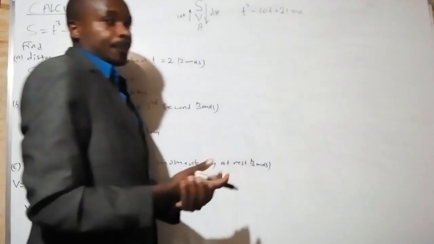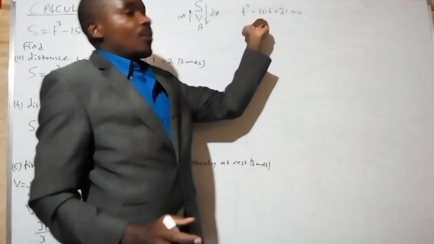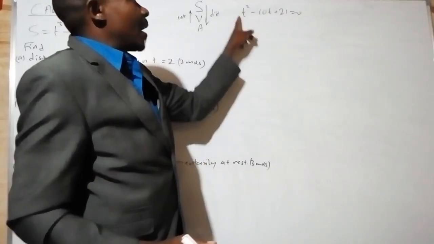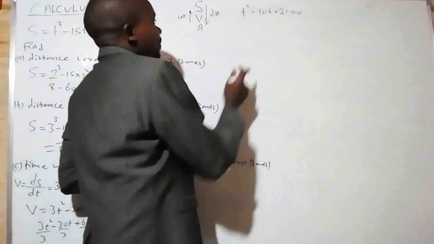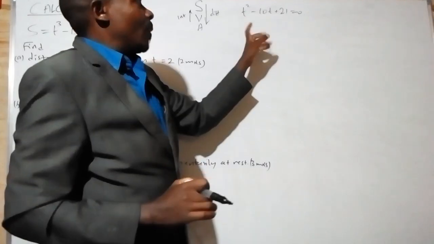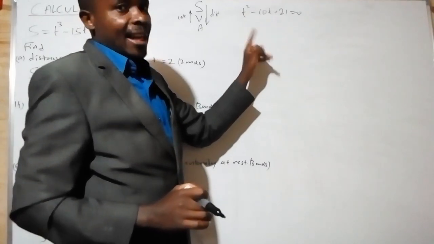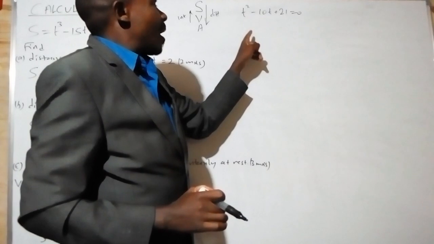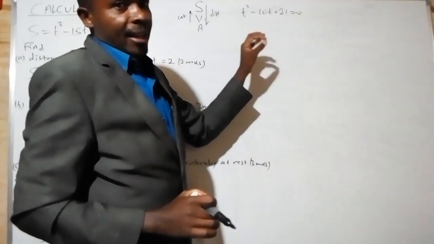Now this is a quadratic equation. We take 1 times 21 is 21. From the factors of 21, when we subtract the larger number from the smaller number, we get negative 10.